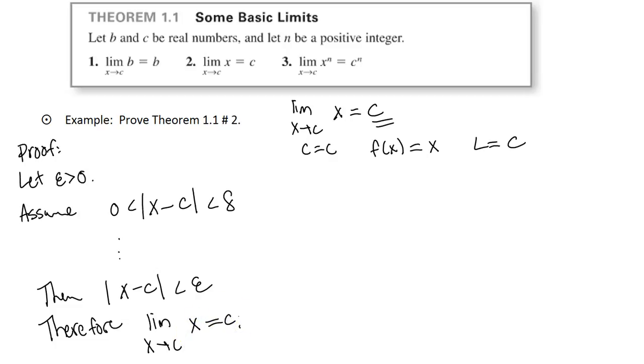Well, normally what we would do at this point is try to find the delta that makes all of this work, but we're trying to get from the absolute value of x minus c is less than delta to the absolute value of x minus c is less than epsilon. So if we just let delta equal epsilon in this case, that's the one that we're choosing, we're already there. So this proof is done.